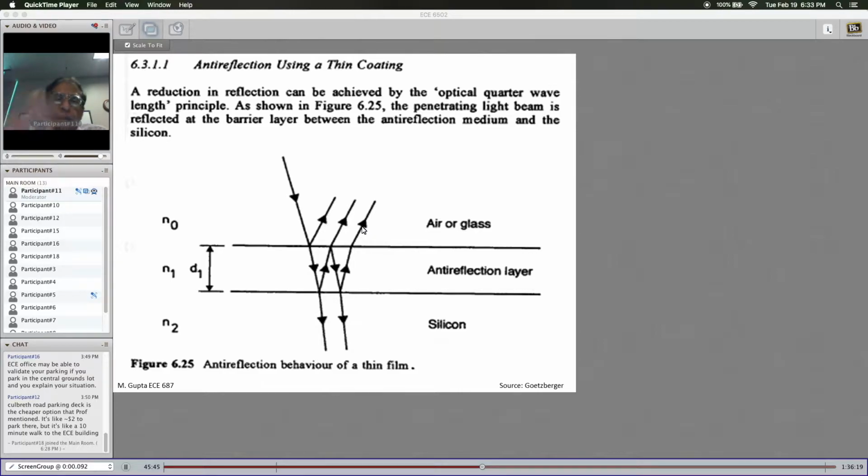So we need to find the index and thickness of the anti-reflection layer we should use, which will give the anti-reflection condition. We have silicon, let's say with index n2. The anti-reflection layer has index n1 and thickness d1, and air has index n0 equal to 1. Any questions?